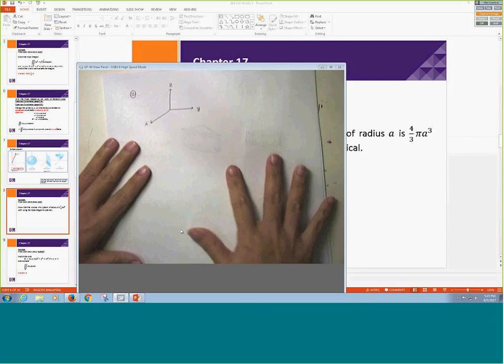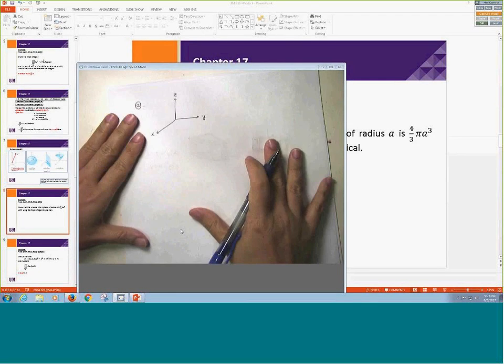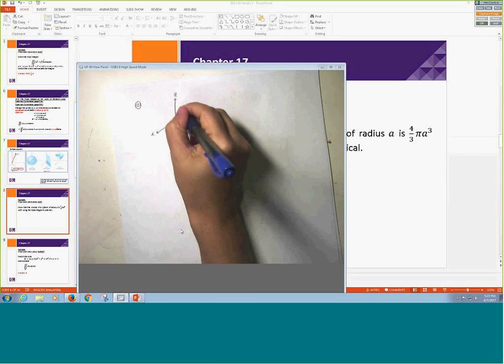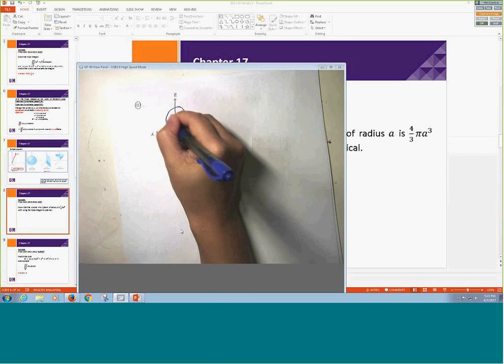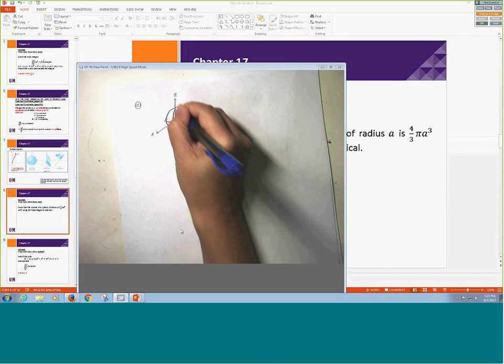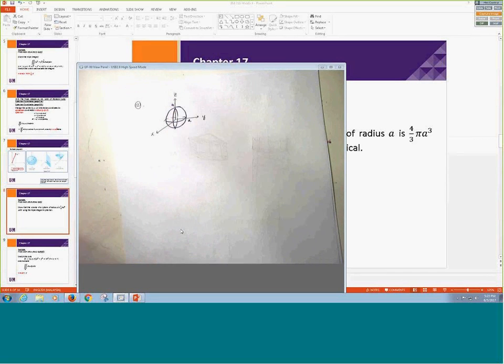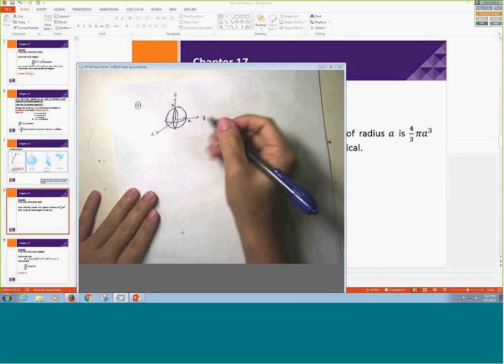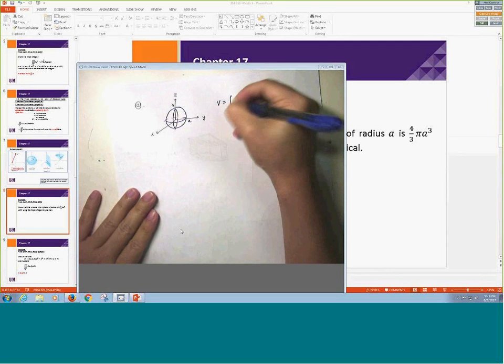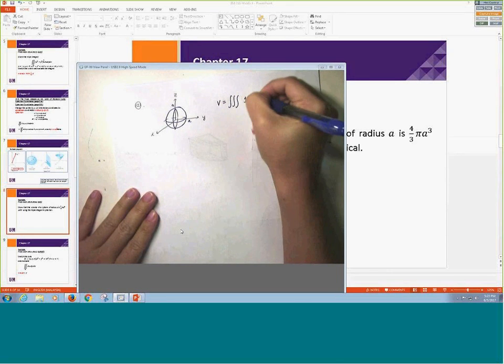Okay, the sphere with the radius A. So this is the radius A. So we would like to use the spherical coordinates in order to find the volume. The volume formula is the triple integral of 1 dV.